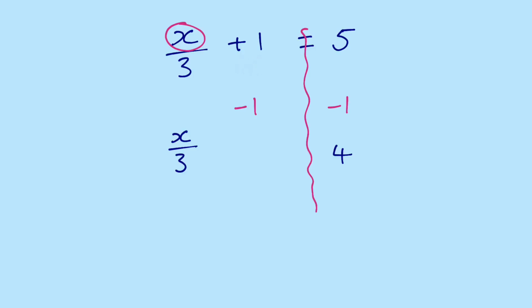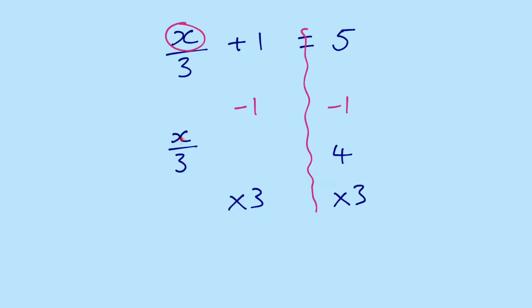So plus 1 minus 1 leaves me with nothing, but I have to bring down my x over 3, and 5 minus 1 is 4. So I have x divided by 3 is 4, so I want to times this side by 3 in order to get x by itself, and if I times the left side by 3, I must also times the right hand side by 3.